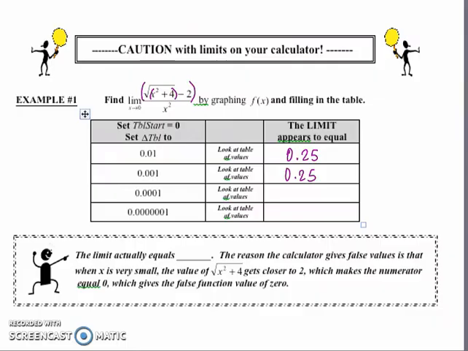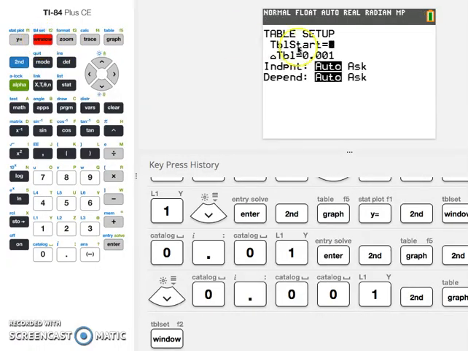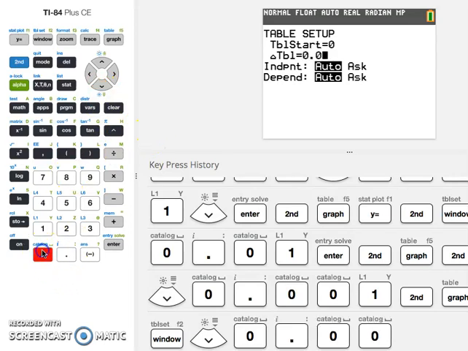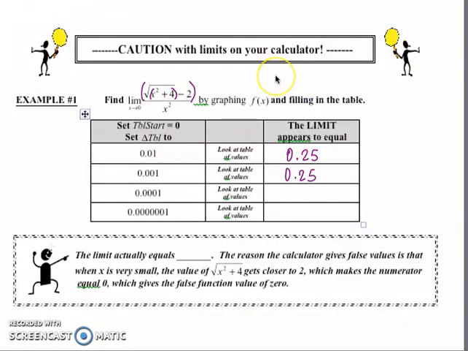Okay. So once again, go back to the calculator, and we're going to change our table increments here to 0.0001. And then we're going to look at the table. And once again, those values appear to be approaching 0.25.